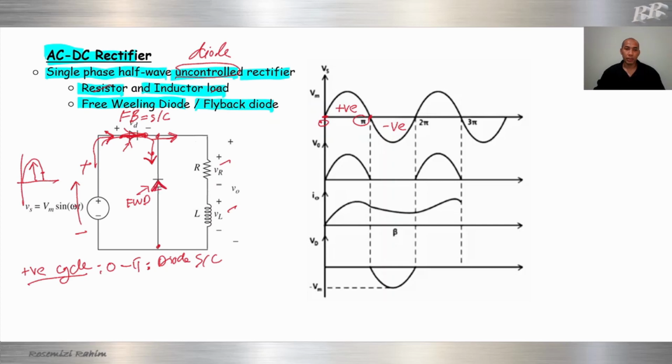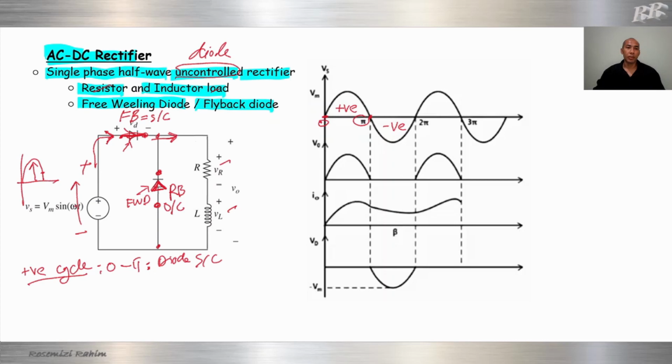We know that for the opposite direction, the diode will become reverse biased. So open circuit here. So current cannot flow there. There is no current here.